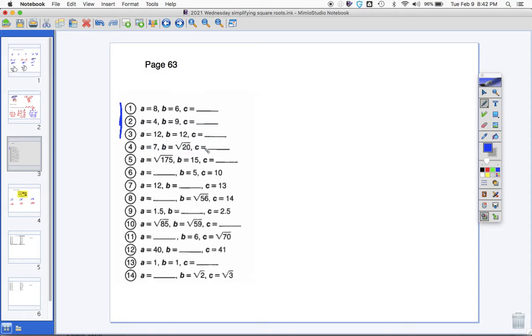So number 4, we're trying to find our hypotenuse, which is C. So again, a squared plus b squared equals c squared. So I'll just write that up here. So a is 7 squared, b is the square root of 70 squared, and c we don't know yet. So we're trying to find that out. So that's 49 plus the square root of 70 squared. We should already know that cancels each other out.